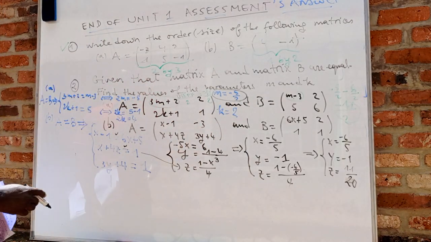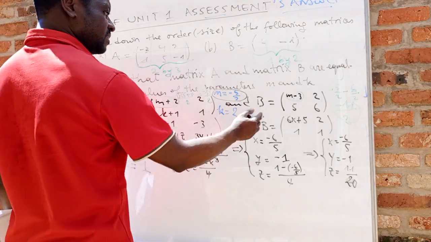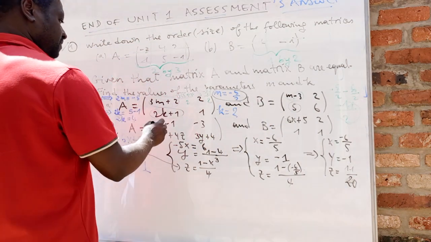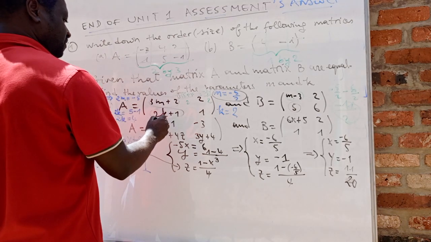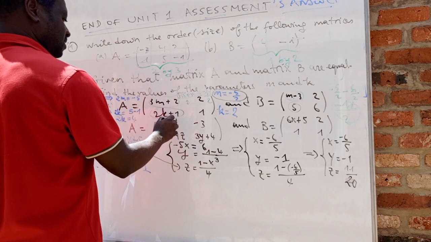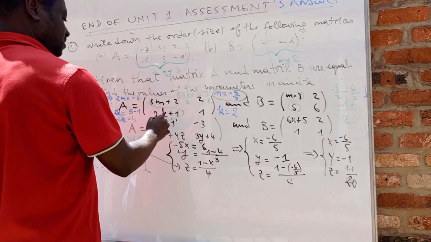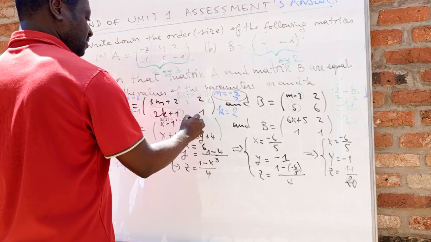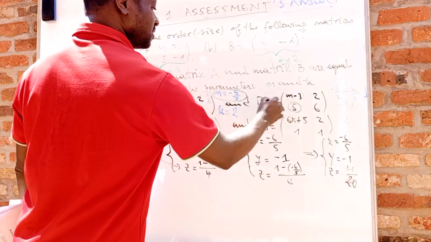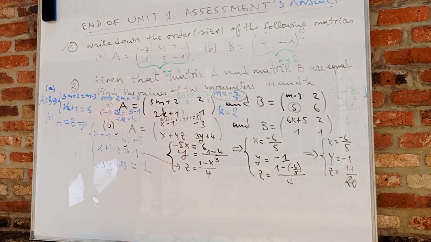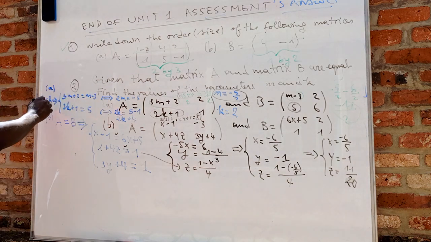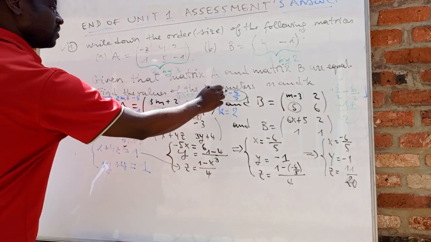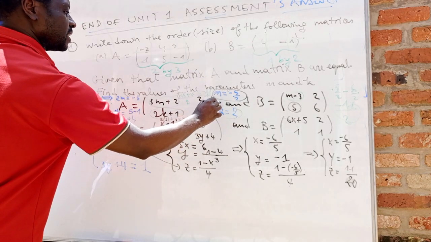Okay, how about checking the equation 5 being equal to 2k plus 1. So if k is equal to 2, of course 2 times 2 is 4 plus 1, which is 5, and this quantity is the same as 5. So for A, checking is okay. So we have good values of m here and good value of k.